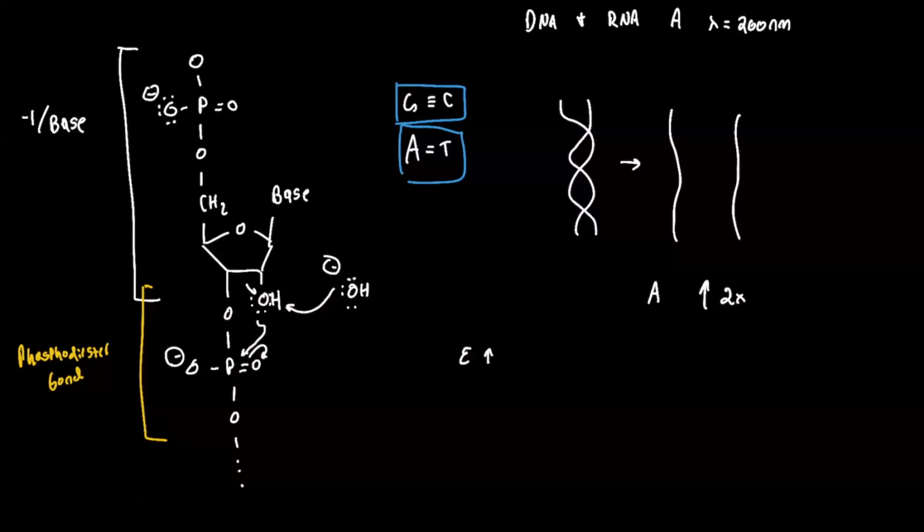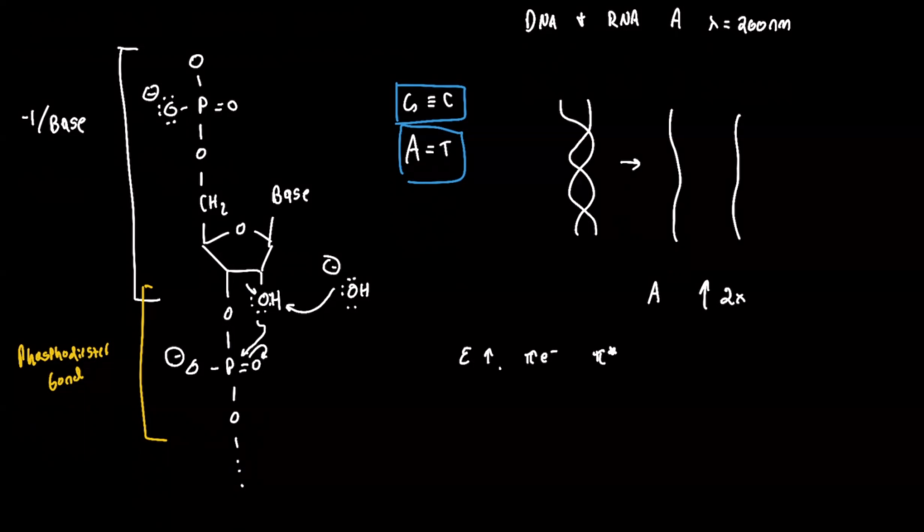Now recall that pi electrons interact with photons. These pi electrons interact with photons, and the electron will go up into the excited state, so the pi star state. And again, this is really similar to fluorescence, which we'll get into a bit later.